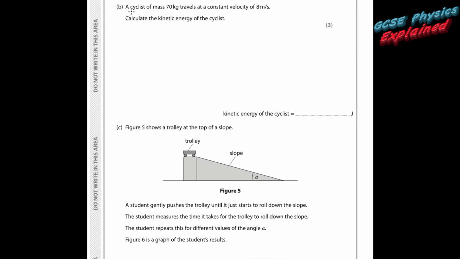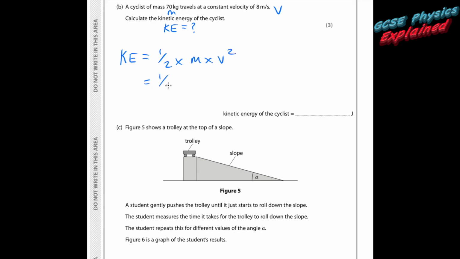Part B. A cyclist of mass 70 kilograms, so that's the mass M, travels at a constant velocity of 8 meters a second, so that's V. Calculate the kinetic energy of the cyclist. So kinetic energy is our target, and we need to know that kinetic energy equals a half times by the mass times by the velocity squared.